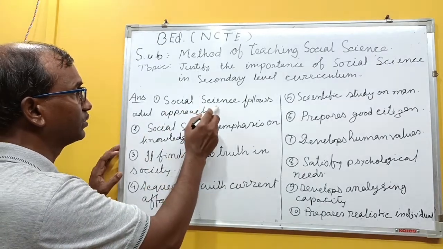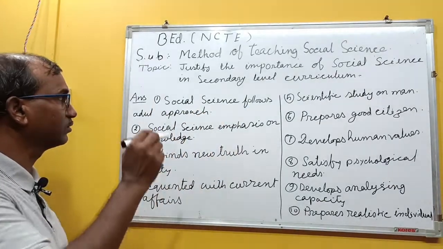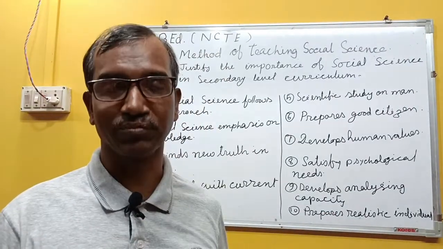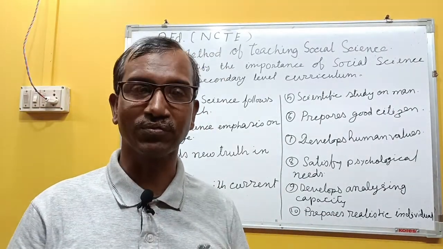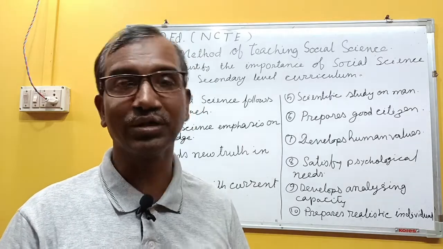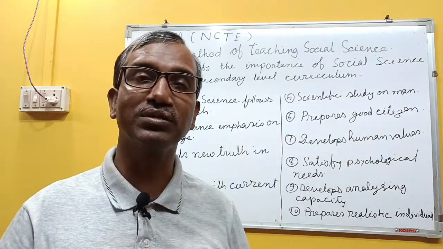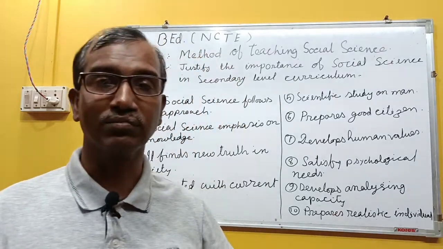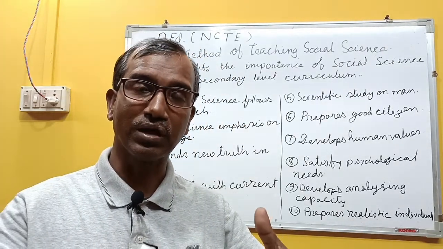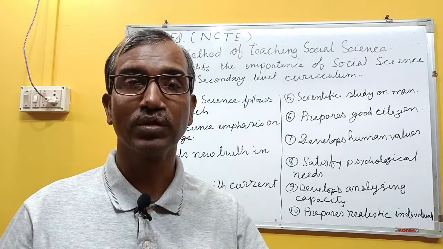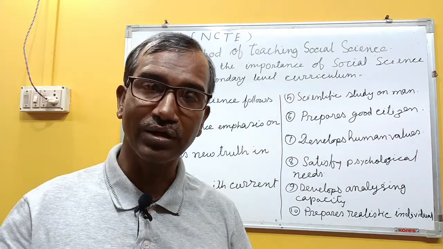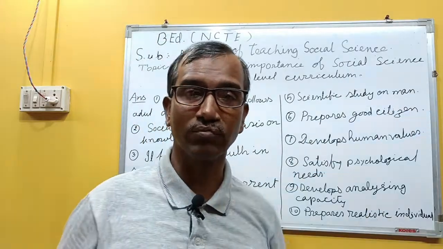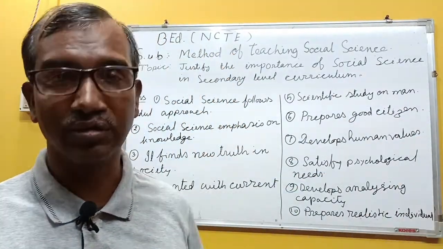Number 1, social science follows adult approach. It is not child-centered approach; the child-centered approach is called social studies. But social science is adult approach because in secondary level, students are in the adolescence period and are moving forward to adult level.